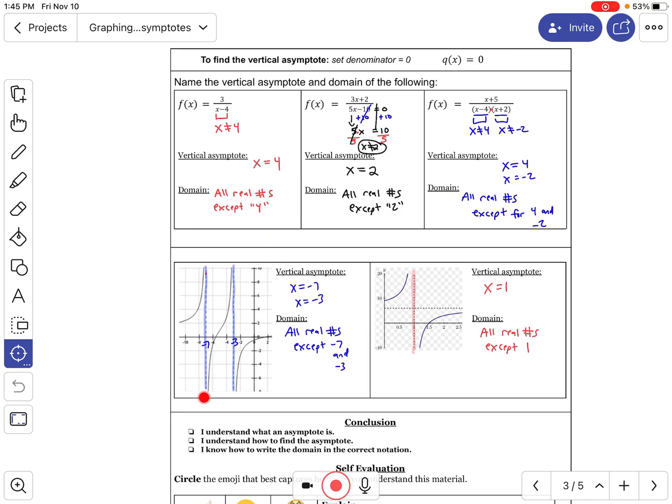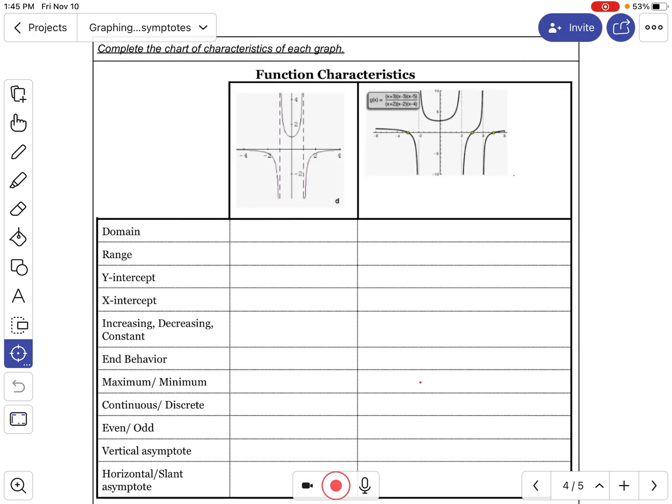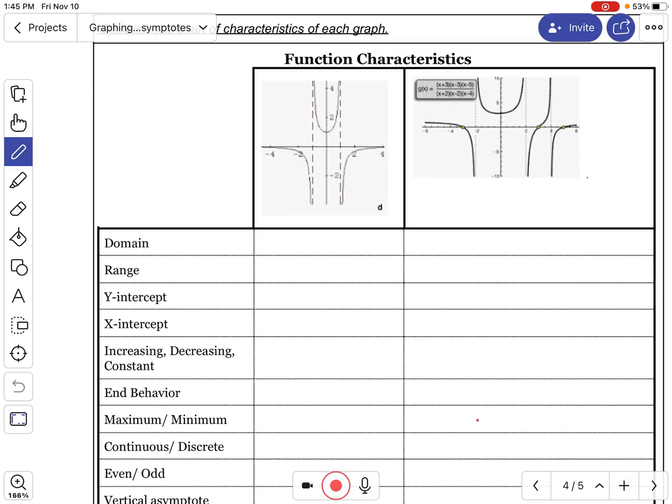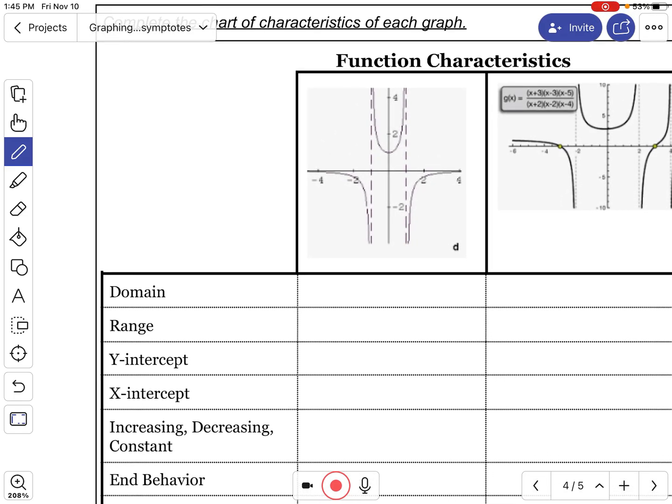And when we look at a graph, there could be more than one vertical asymptote, but those would also be listed in the domain as excluded values, all real numbers except for those x values that are the vertical asymptotes. So we're going to extend that into a couple more examples, talking even more about the domain and range. I'm going to look at this first example.